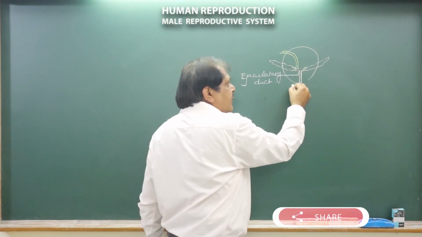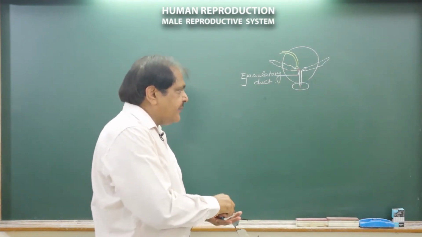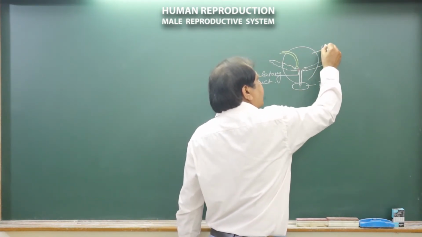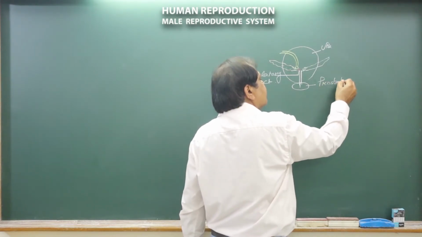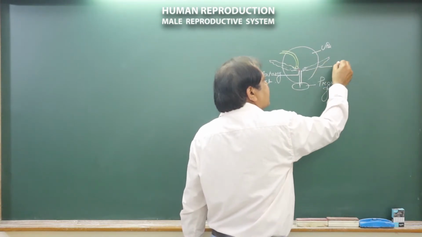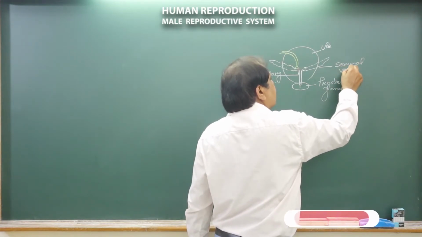Then this is called the prostate gland at the base of the urinary bladder. This is urinary bladder, prostate gland, and this is the seminal vesicle.